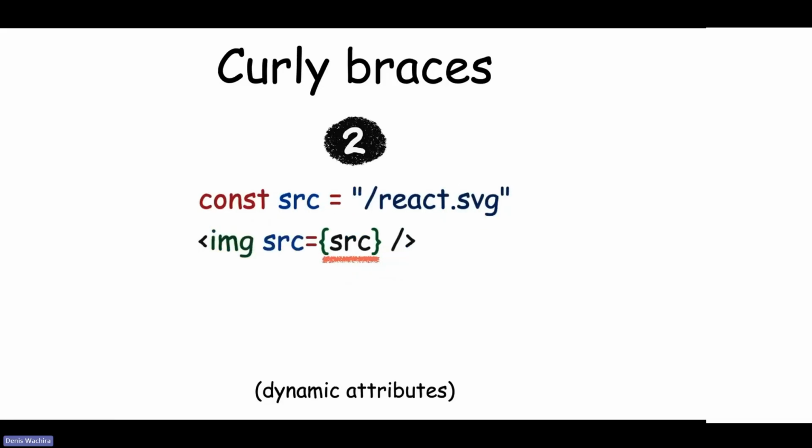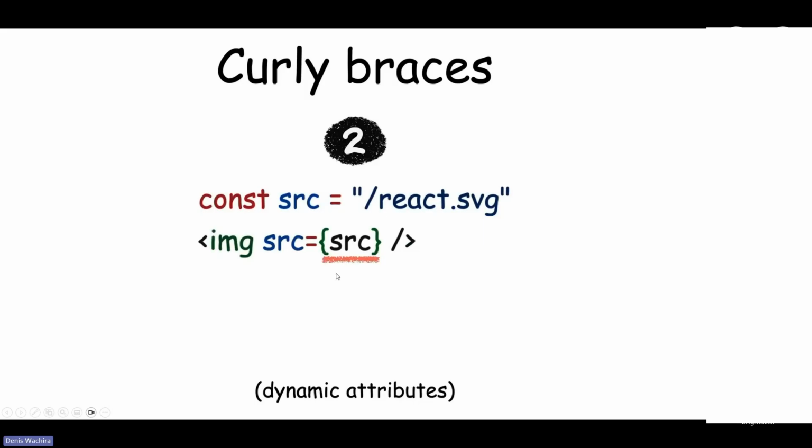Then the next thing, it's not all about data variables. We can also set some dynamic attributes. Things like image, it has attributes like source. Remember in normal HTML, we would write the actual path or directory where that image is located, but you can store that in a variable and pass it as a dynamic value in your image source attribute using what?